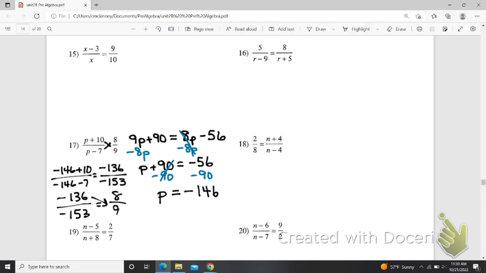So when I crisscross this way and do 136 times 9, I get negative 1,224, and if I cross multiply this way, I also get negative 1,224.